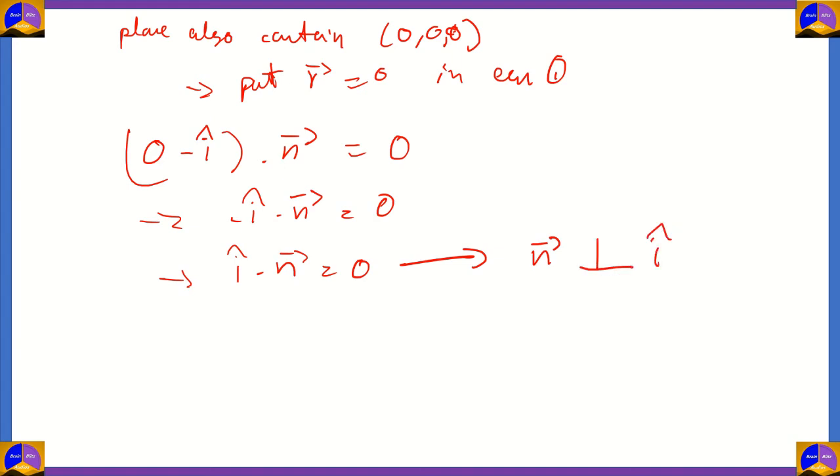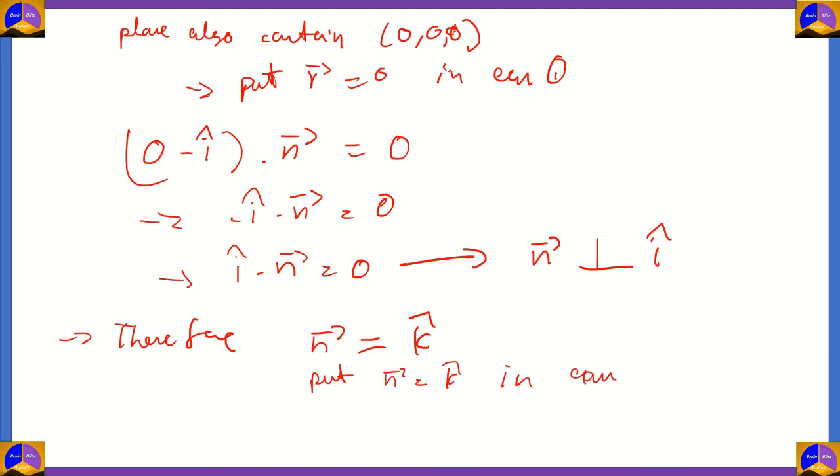Now, vector n is perpendicular to both j cap and i cap. Therefore, vector n must be equal to k cap. So now we put n bar equals k cap in equation 1.